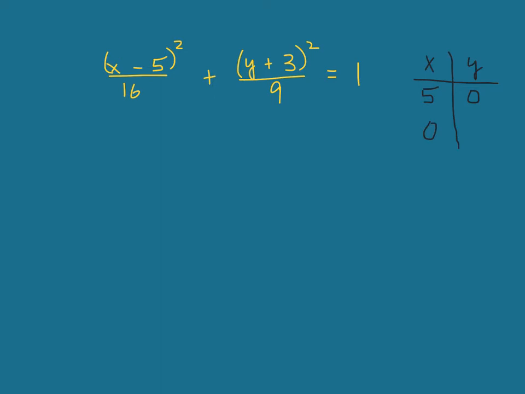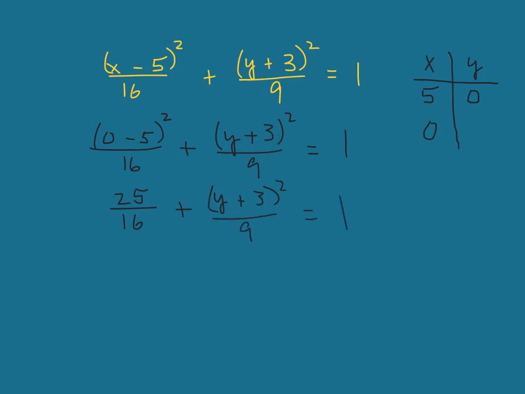So replacing x with 0 here, we get 25 over 16 when we square the 5 and divide by 16, plus y plus 3 quantity squared over 9 equals 1. We would need to subtract 25 over 16 from both sides.